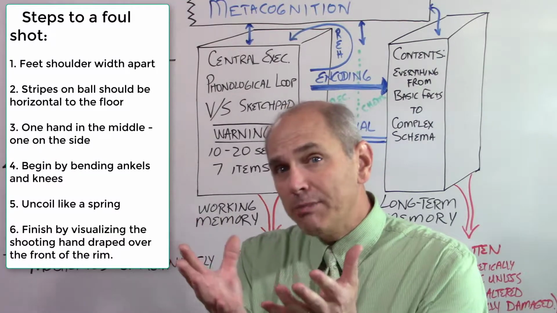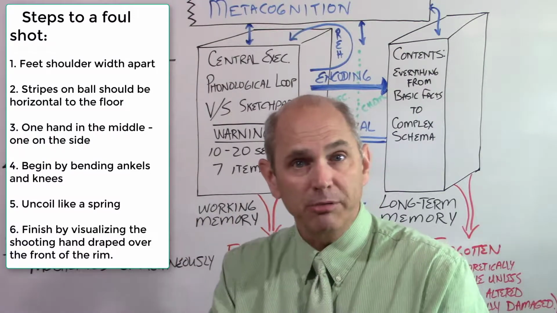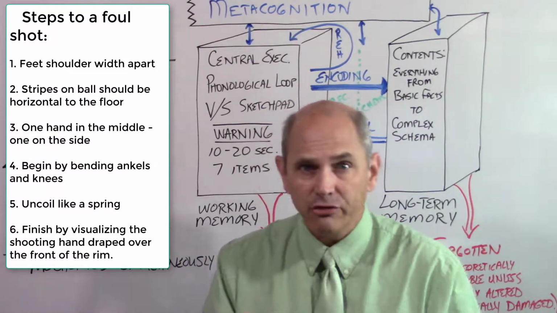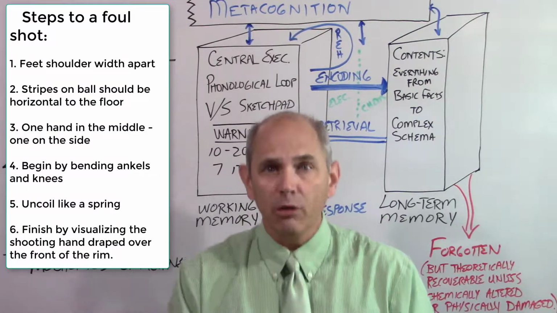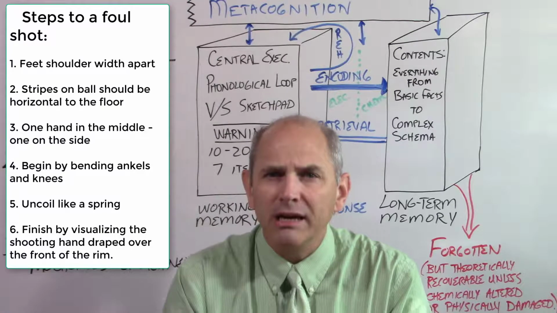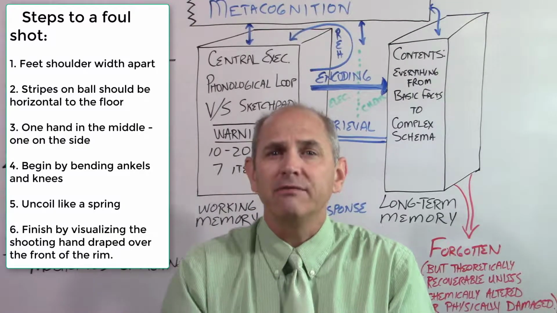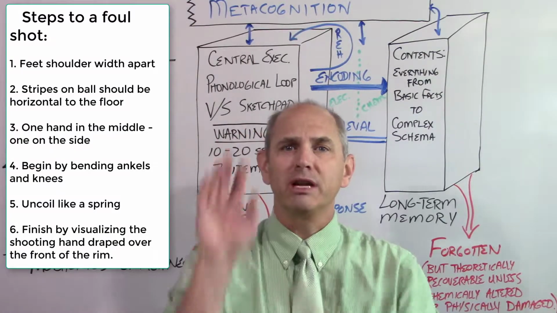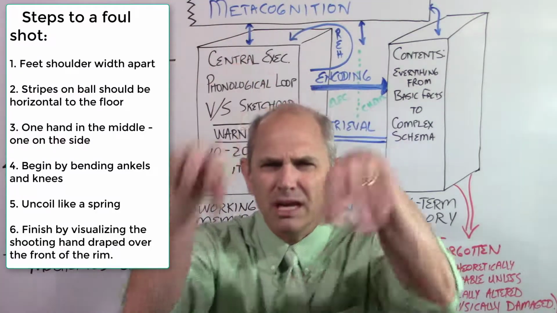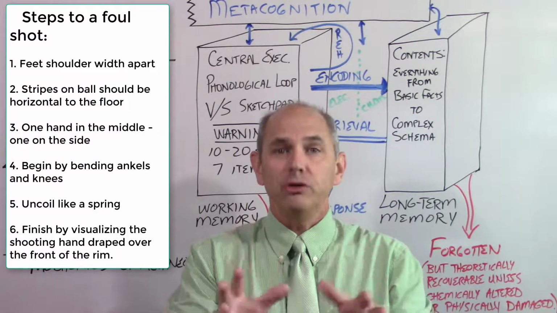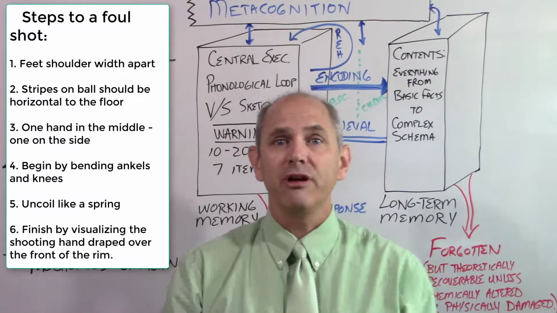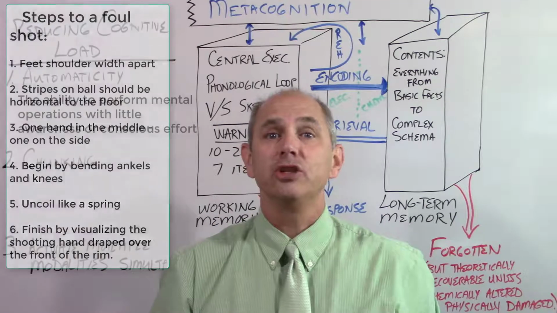If you're a basketball player, you don't think about, okay, I have to position my feet, I have to hold the ball just so, start my shot from my feet and go all the way up through, and I need to finish with my wrist. You don't think about all that stuff. You take the ball, stand there, and automatically do what it is that you need to do.